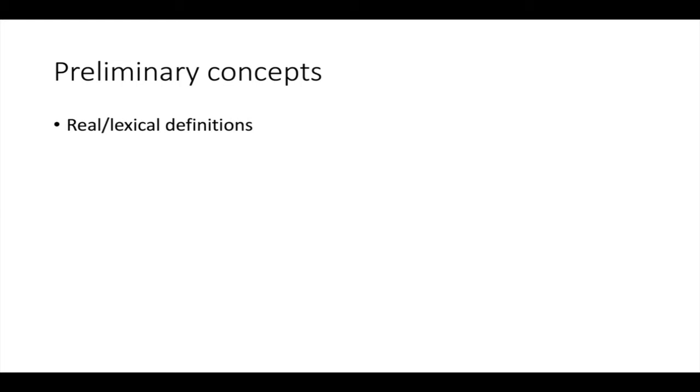And the lexical definition is just an attempt to say what people are doing when they use the term, people within a certain language. What are they doing when they use that word? What do they mean by that word? That's what dictionaries are trying to tell us. Dictionaries are written by people, and when they write the definition of a word, what they're trying to get at is how the native speakers of a language use that term.